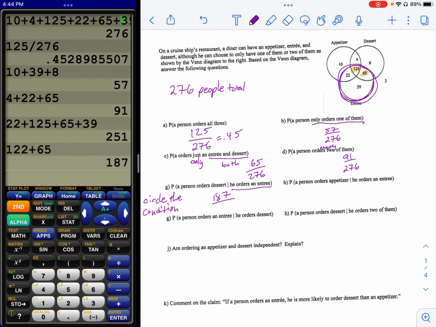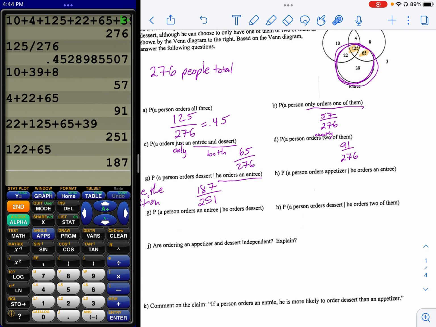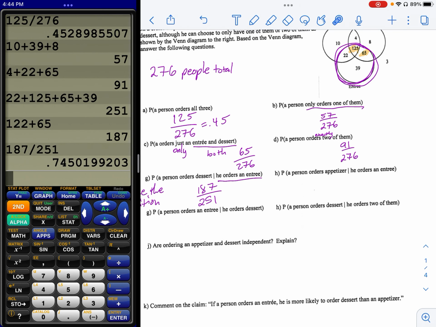Out of, not the grand total, remember, out of 251. My total is that circle that I added up on the line above on my calculator. Oh, here, I know this. Well, this will help us later, so go back for a minute. So this is about 74.5%. All right.